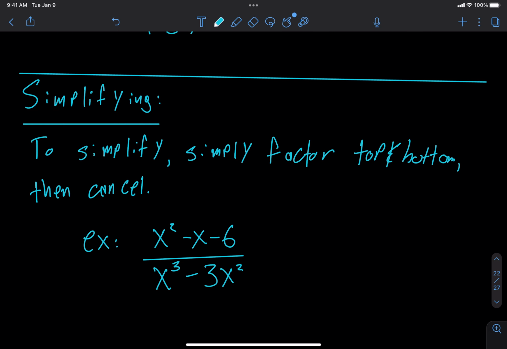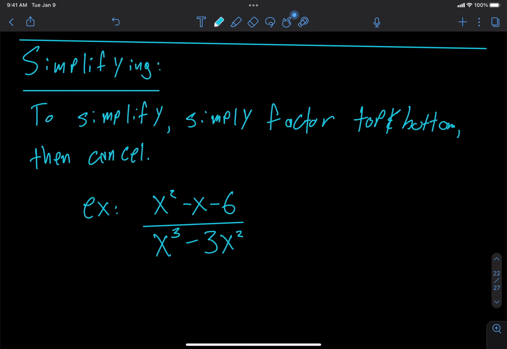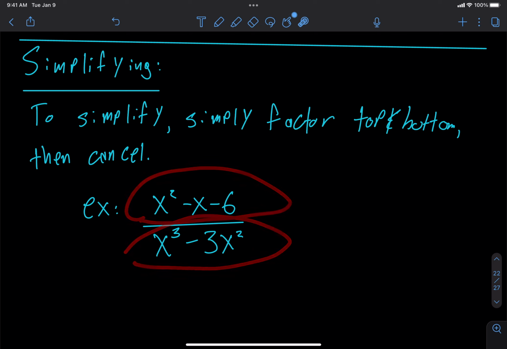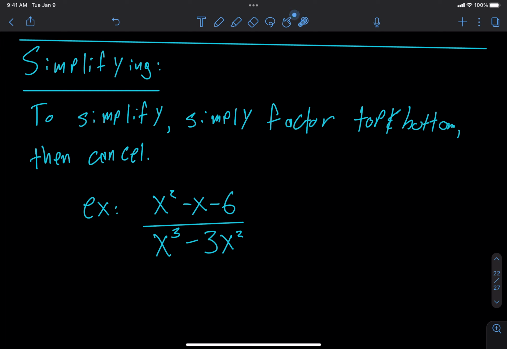Okay, so let's talk about how we simplify a rational expression. Well, it's pretty simple. The only thing we're going to do is apply the thing that we just learned to the top and to the bottom. So we're going to factor the top and we're going to factor the bottom. And then we are going to cancel out any common terms.